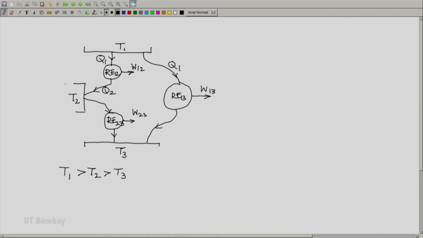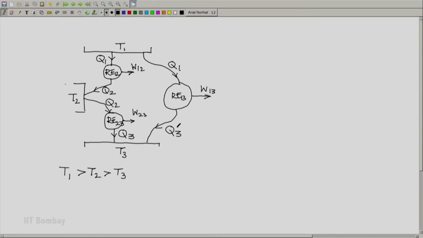Then let us adjust RE23 in such a way that it absorbs the same amount Q2 from T2. Let RE23 reject heat Q3 to T3. Now let me ask this question: this Q3 prime rejected by RE13 to T3, will it be equal to this Q3 rejected by RE23 to T3 or not?